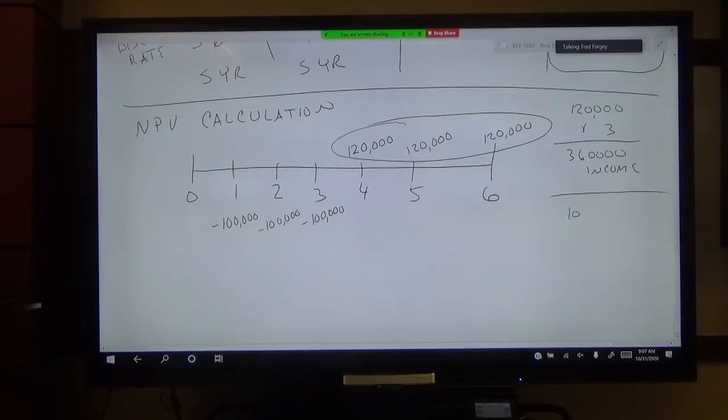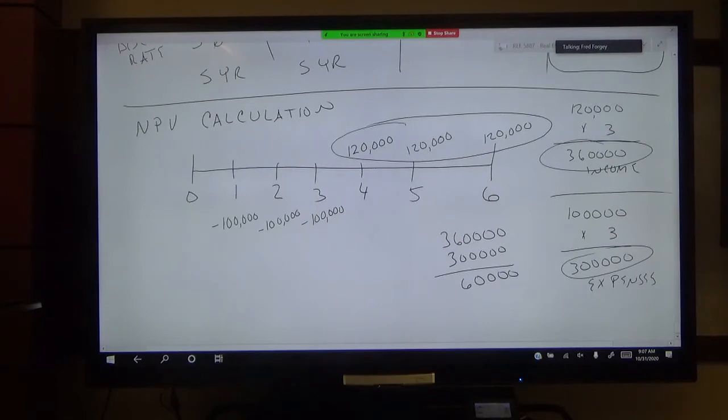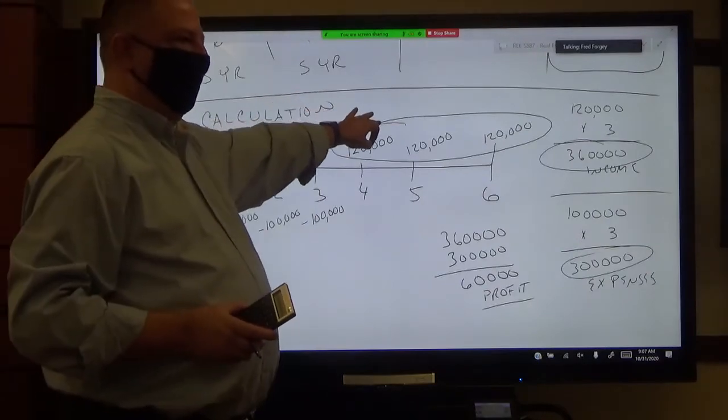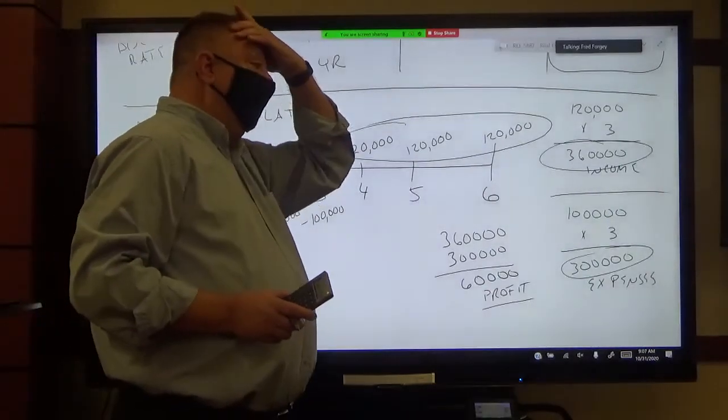Whereas 100,000 times 3 would be 300,000 in expenses. So putting it succinctly, 300,000 subtracted from 360,000 leaves us with $60,000 profit, with no time value of money adjustments. Is everybody cool with that? Yes or no?